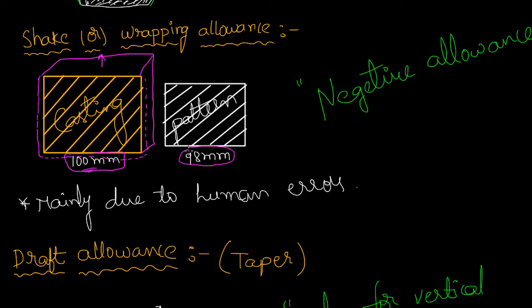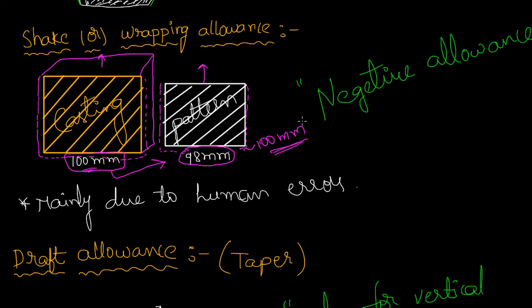If it is 98 mm, by removing the pattern from the mold, the dimension that comes with our shaking movement will be 100 mm, right? So what we are doing here: we want exactly 100 mm, and we are deleting some material from the pattern to make sure that we get 100 mm.